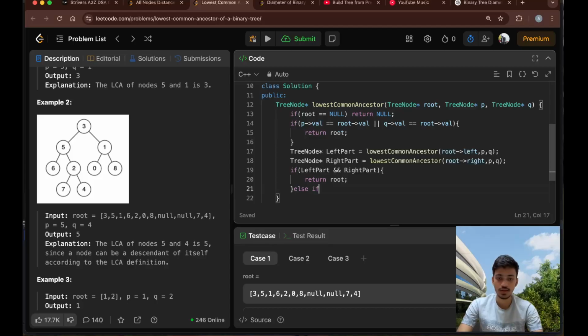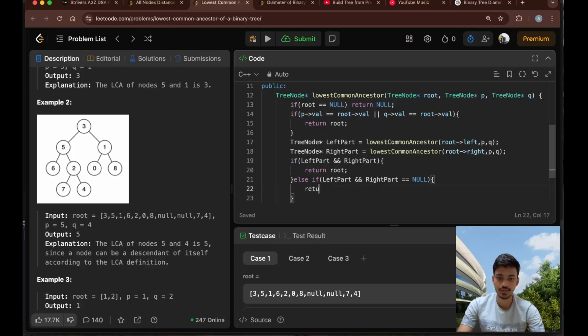Else if one is valid and another is not valid, then just return the valid one, that is left part.